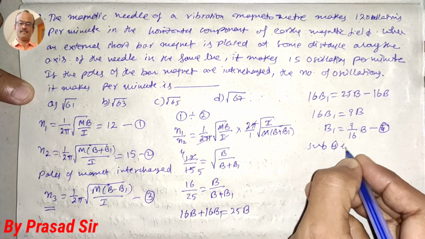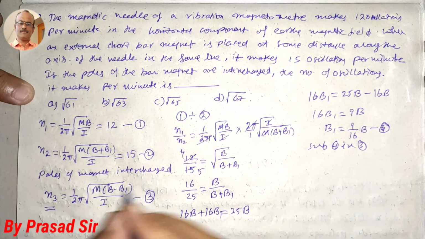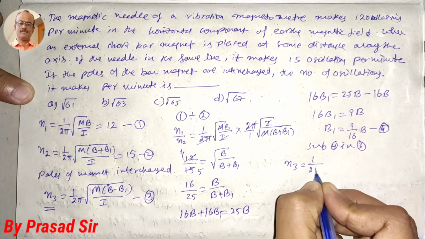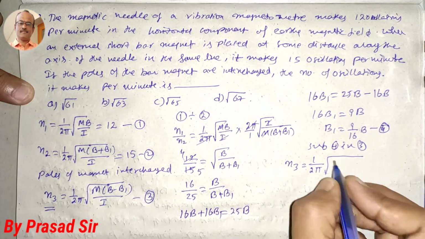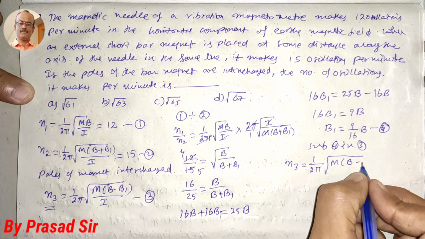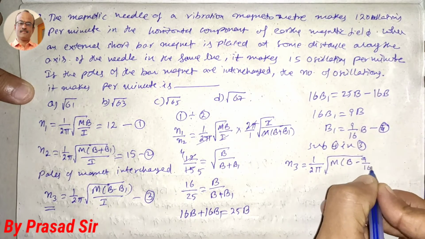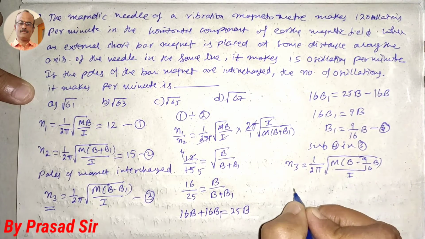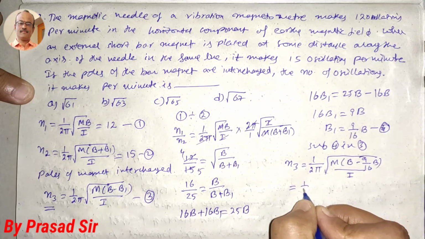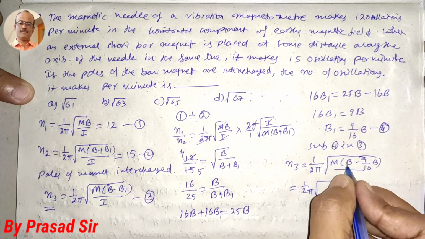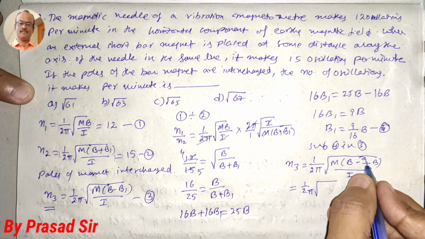Substitute 4 in 3. That means n3 is equal to 1 by 2 pi times square root over m times (b minus 9b by 16) divided by I, which is equal to 1 by 2 pi times square root over (16 minus 9), that is how much here? 7.